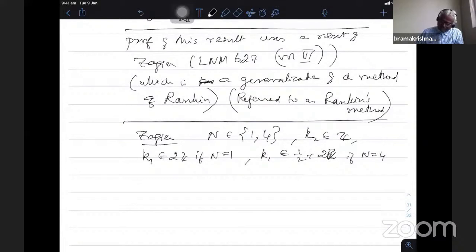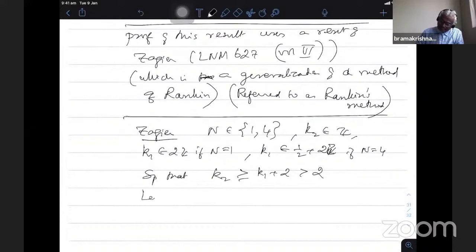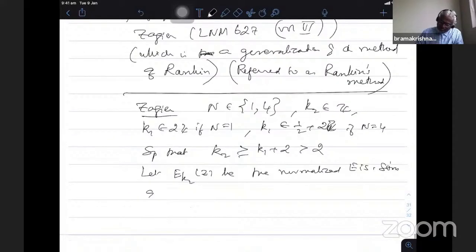And suppose that k2 is greater than or equal to k1 plus 2 and it should be greater than 2. And then let E_k2 be a normalized Eisenstein series of weight k2 for gamma 0 of N. One has to define this. k2 is an integer, therefore it is an integral weight Eisenstein series.